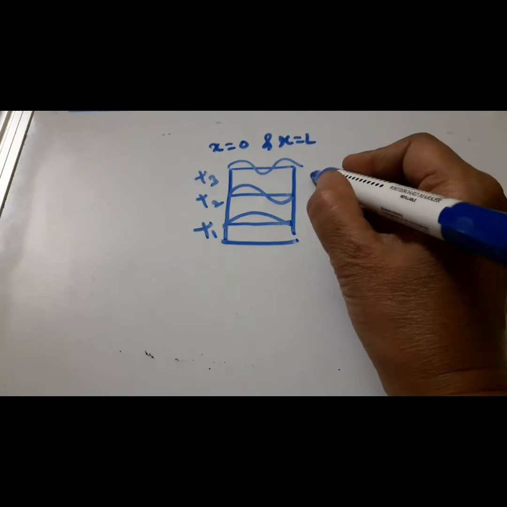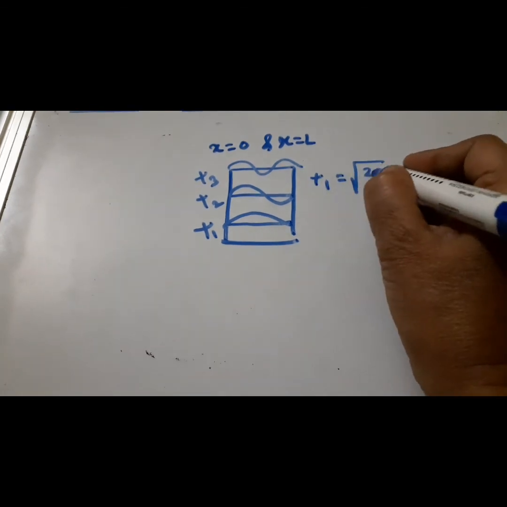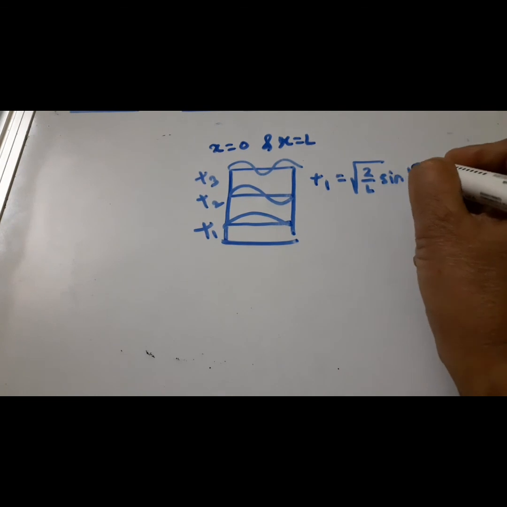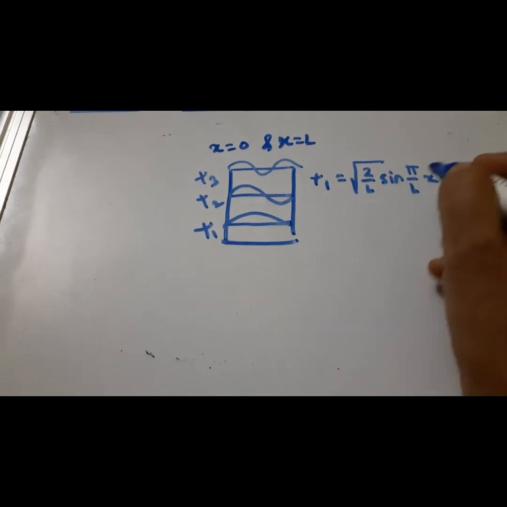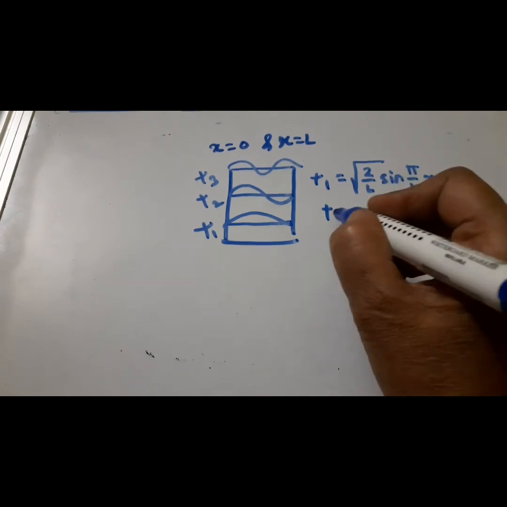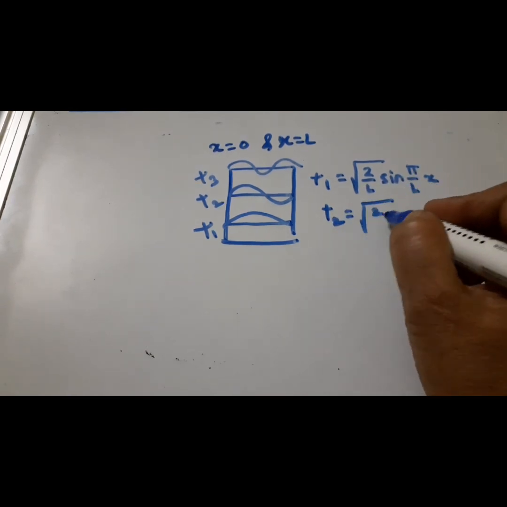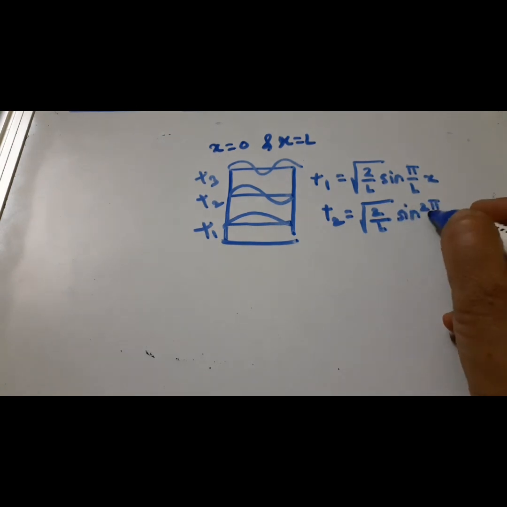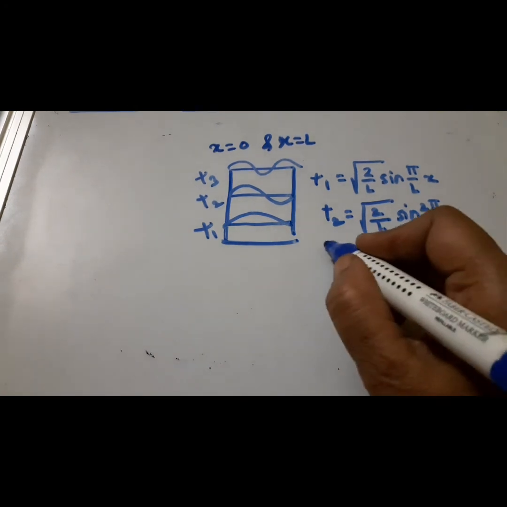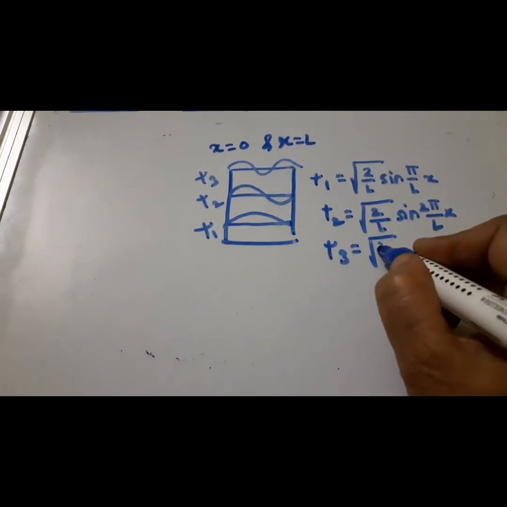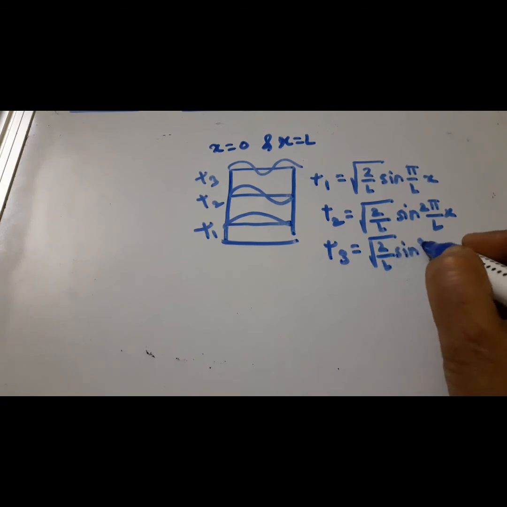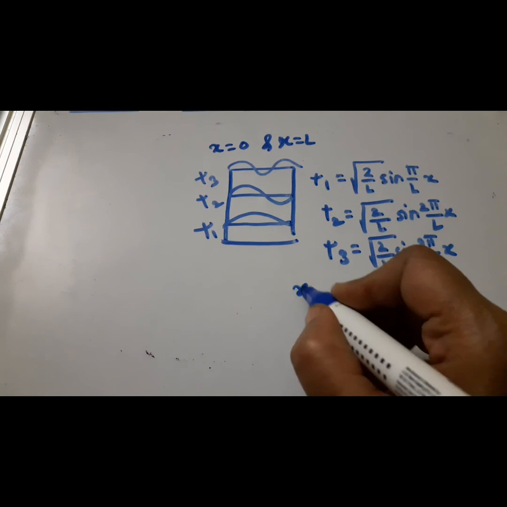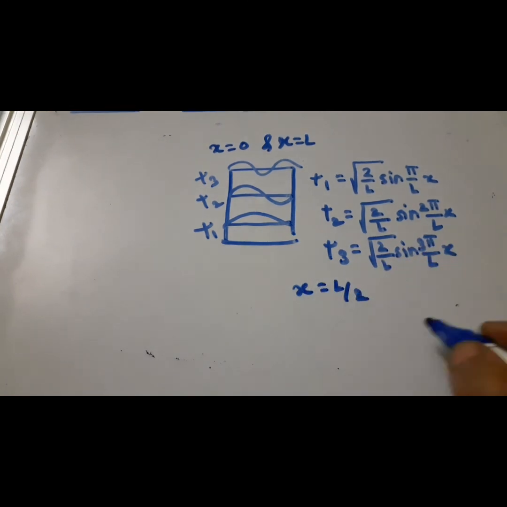Here psi 1 is equal to under root of 2 by L sine of pi by L into x, psi 2 is equal to under root of 2 by L sine of 2 pi upon L into x, and psi 3 is equal to under root of 2 by L sine of 3 pi by L into x. And it is minimum at x is equal to L by 2.